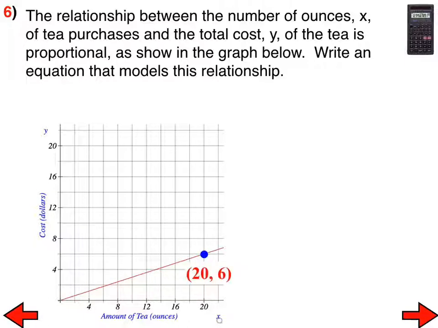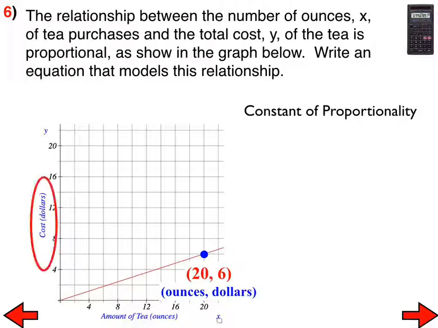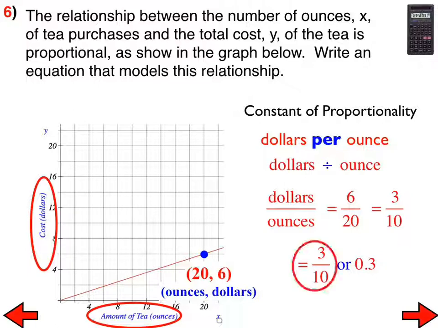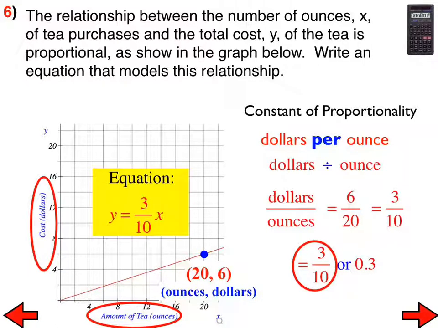That's what we need in order to figure out what the equation is. So what is the equation? Y equals 3/10 x. Very good. Because 6 over 20 reduces down to 3/10. And we are using y and x in this problem, so it is y equals 3/10 x.